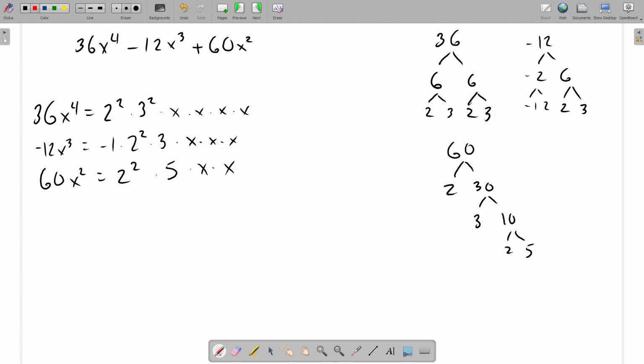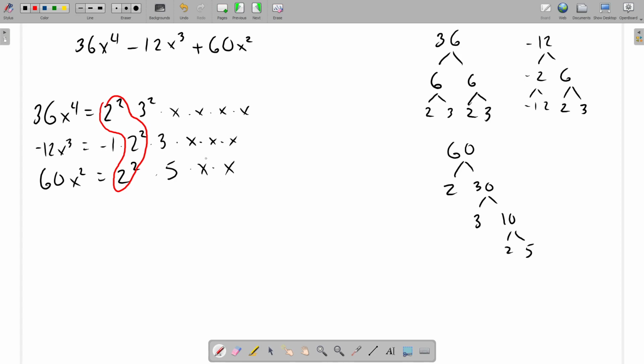What do all of these have in common? All 3 of these need to have the same things in common. Well, I see a 2 squared here, a 2 squared here, and a 2 squared here. So they all have a 2 squared in common. There's a 3 squared in the top, a 3 in the middle, but no 3 in the bottom. The bottom has a 5, but neither the top nor the middle have a 5.